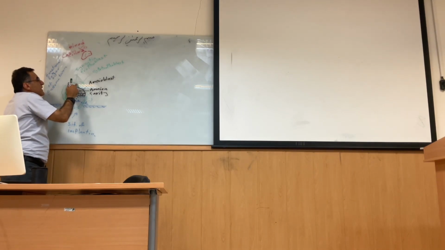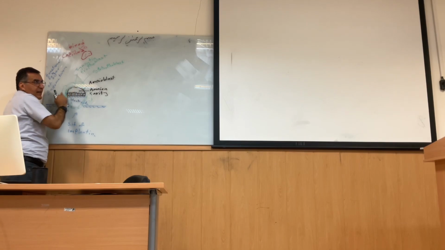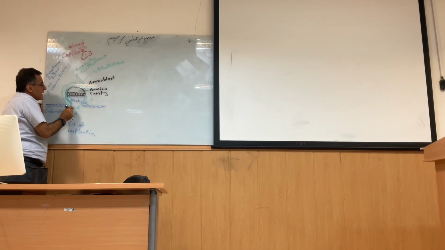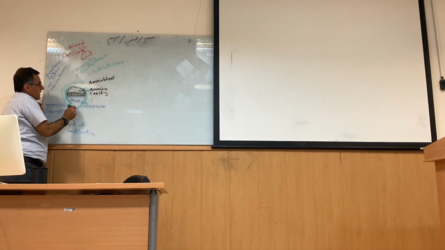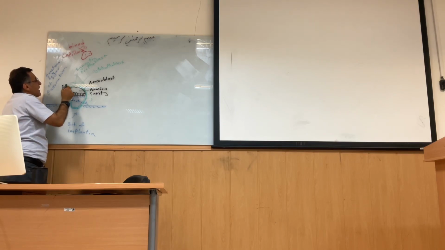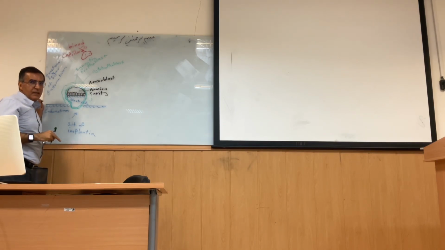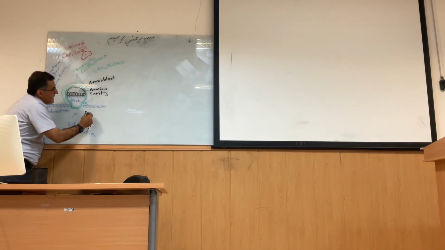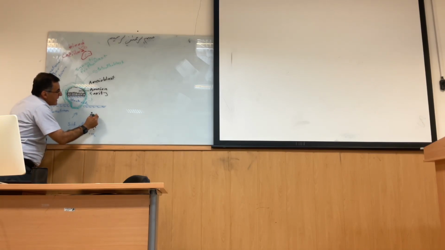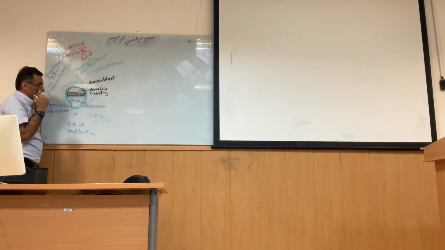The border of the syncytiotrophoblast is not clear, because in the cytotrophoblast the border of cells is clear, but the border of the syncytium is not clear. The syncytium is produced by the cytotrophoblast. This is at 7 or 8 days after fertilization.